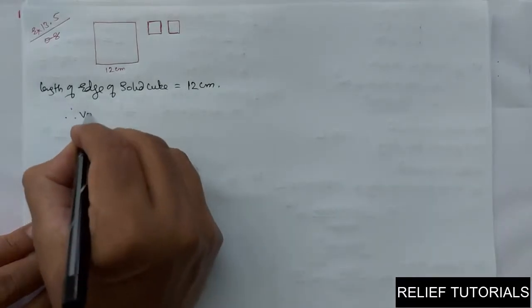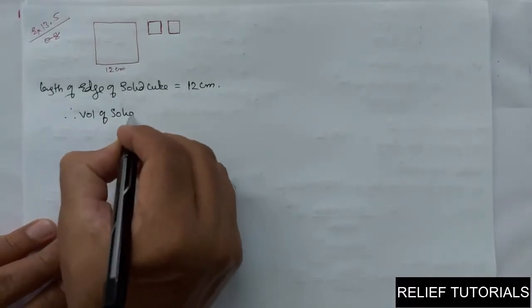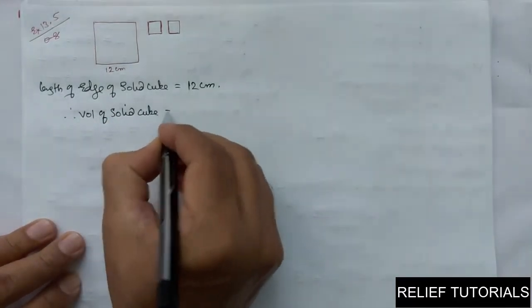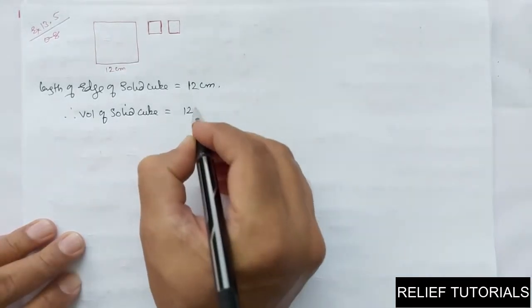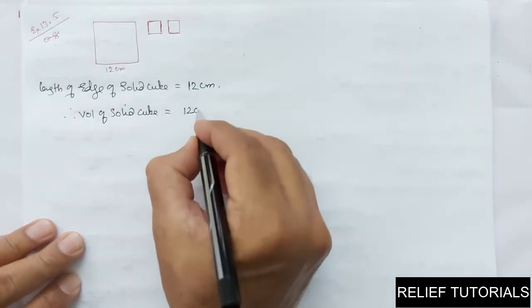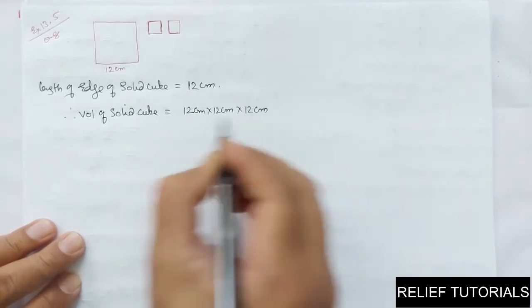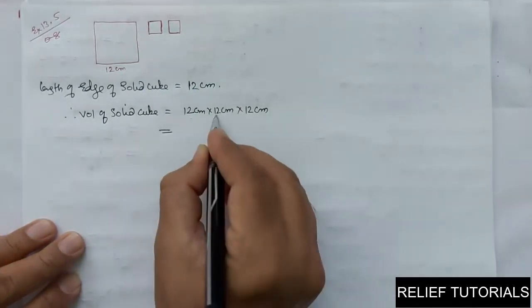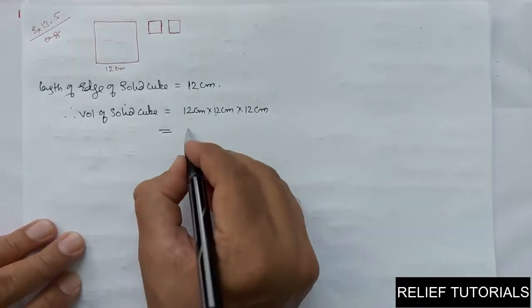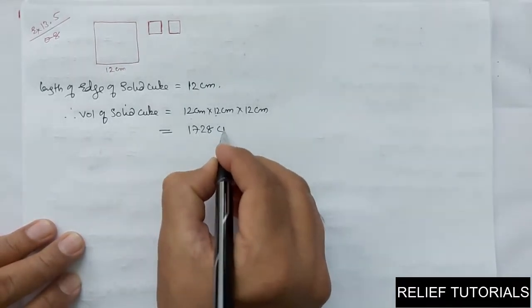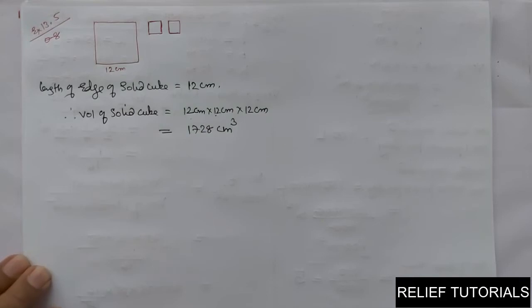Therefore volume of solid cube is equal to 12 cube, 12 cm into 12 cm into 12 cm. So 12 12s are 144, 144 into 12, so it will be 1728 centimeter cube. So this is the volume of the solid cube.